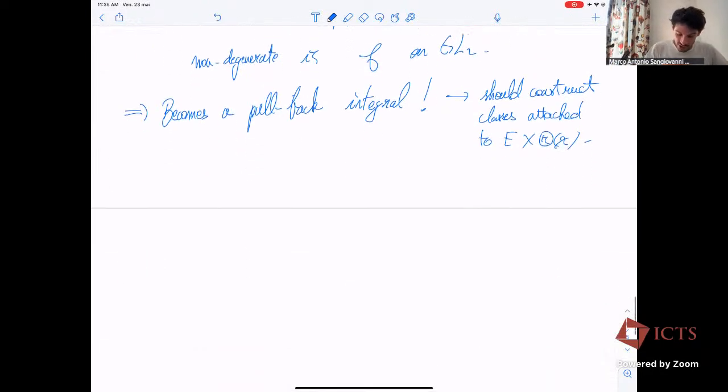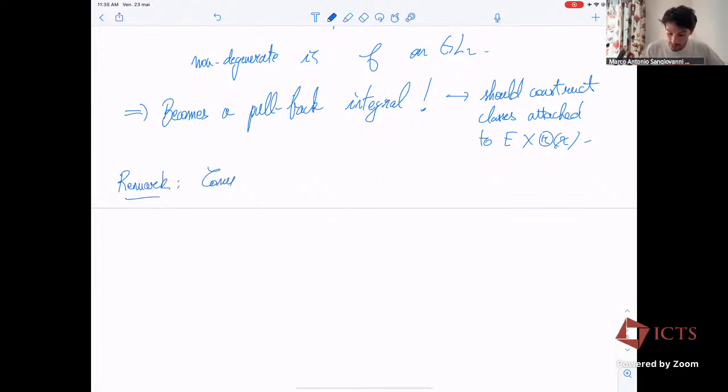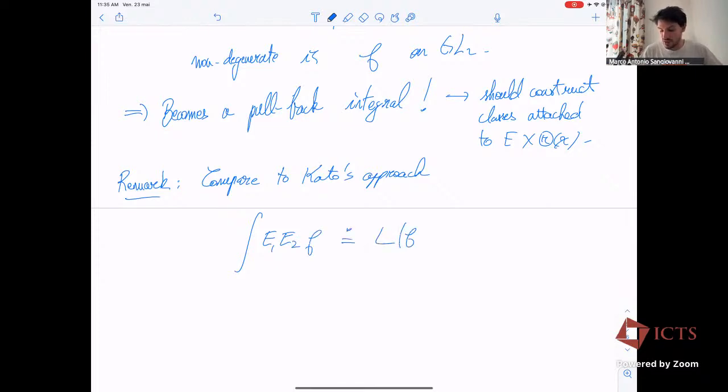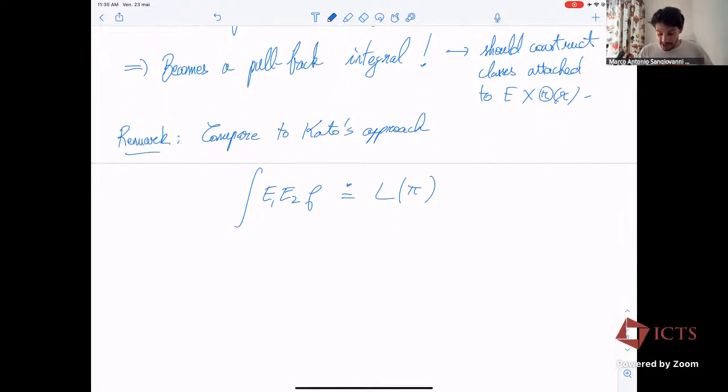Okay, so just as a remark, compare to Kato's approach, in which the relevant integral is now a product of two Eisenstein series against f, which is basically the L function of f. So maybe I should write pi. And the degenerate automorphic form here is clearly the product of the two Eisenstein series. So it is a pullback integral.